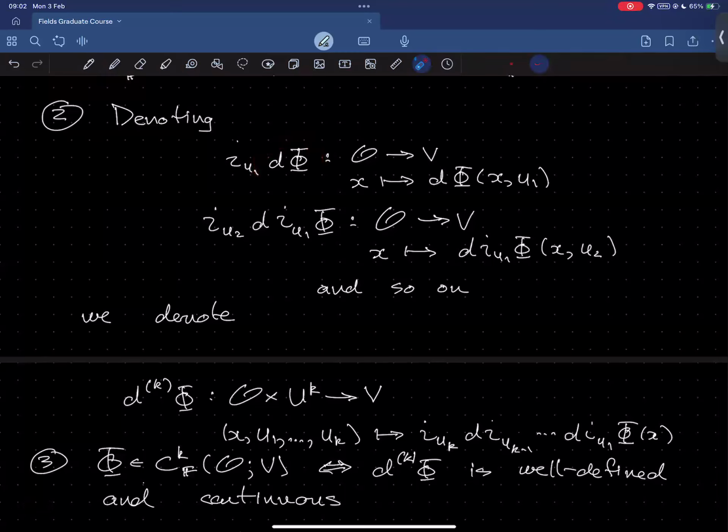So d phi is a mapping, you'll remember, from O cross U into V. And so we're going to freeze the u argument so that we end up with only a function of O, and the resulting thing we denote like this. So u1 is the element of u that we're freezing, and then we get a function on O defined like this.